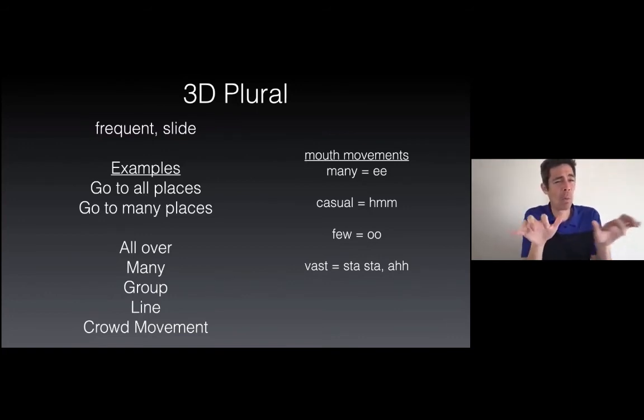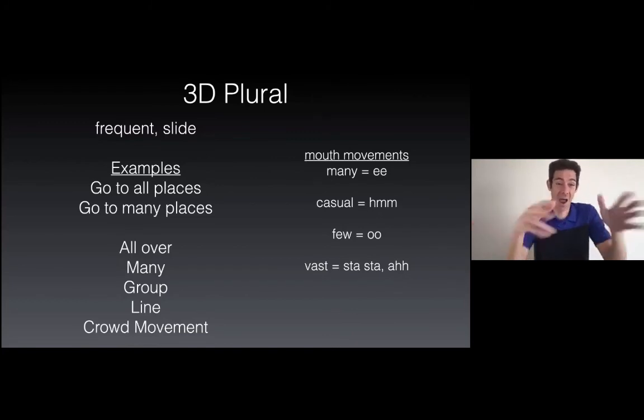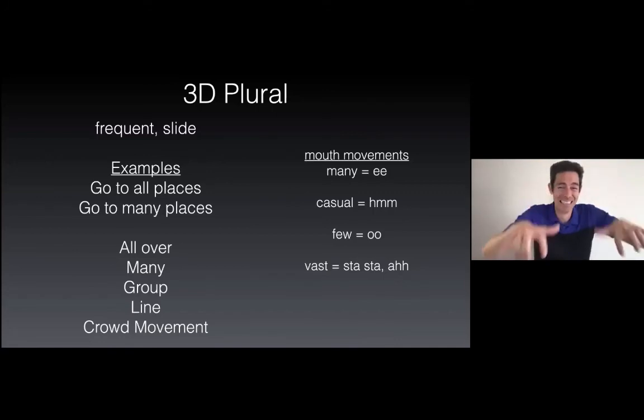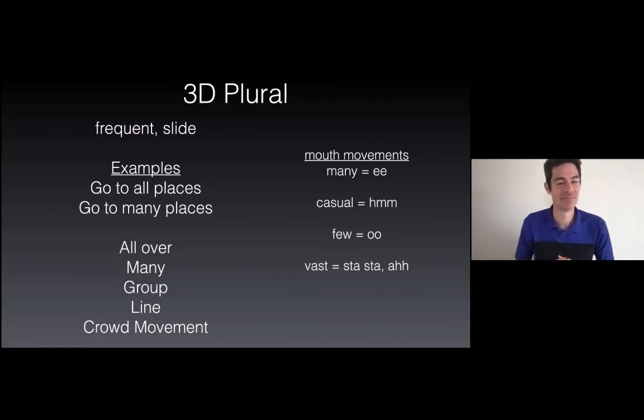Or not very many: even though you're signing like this, if you use the ooh face, it means there's not as many as usual. And with this face, it's oh my goodness, it's wave after wave of people. So you can see the difference in how you explain those. Any questions about this?